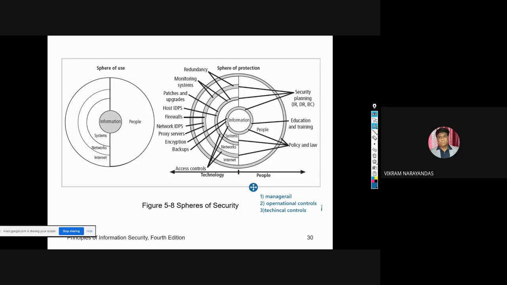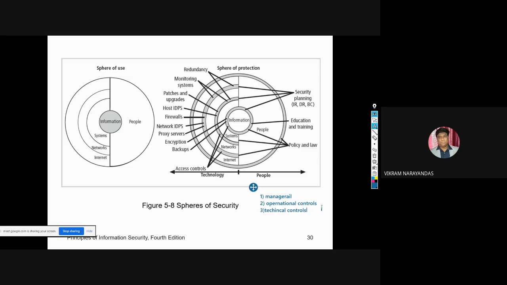These technical controls include logical access controls such as identification, where you give some password, authentication, authorization, and accountability. They also address the development and implementation of audit trails for accountability.